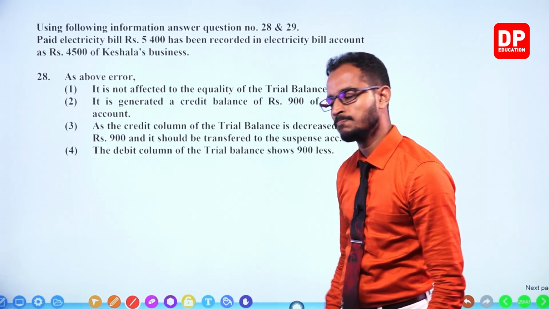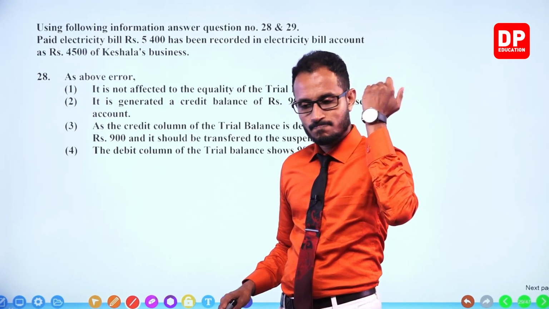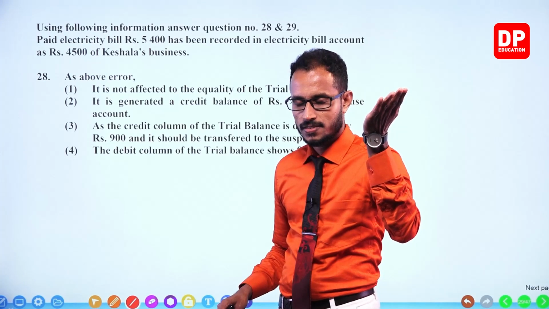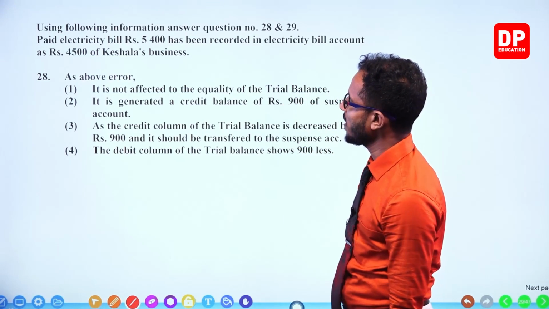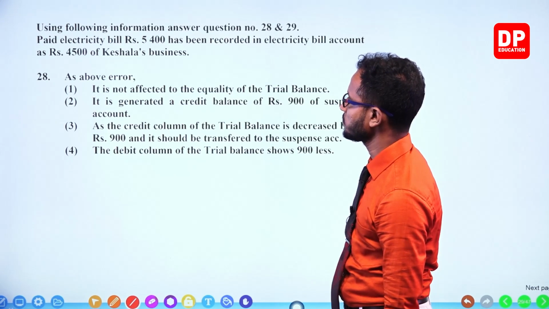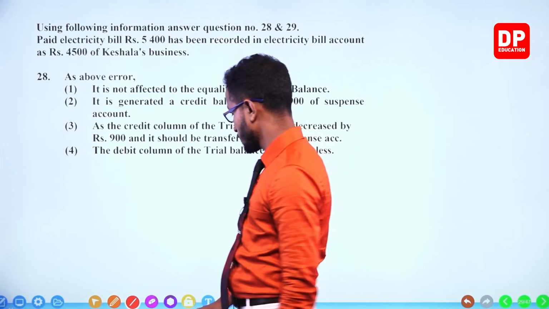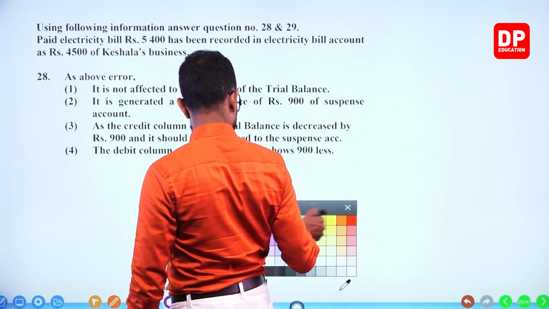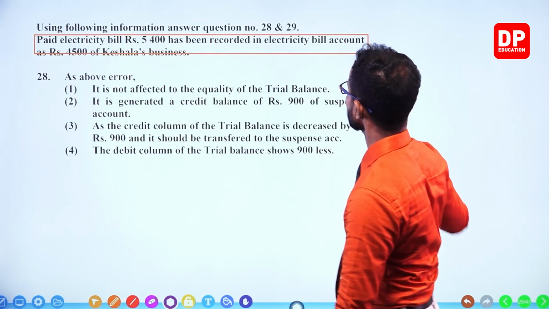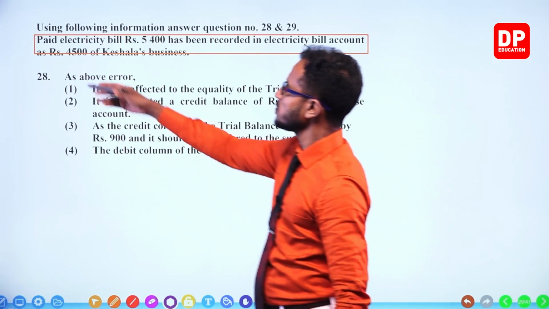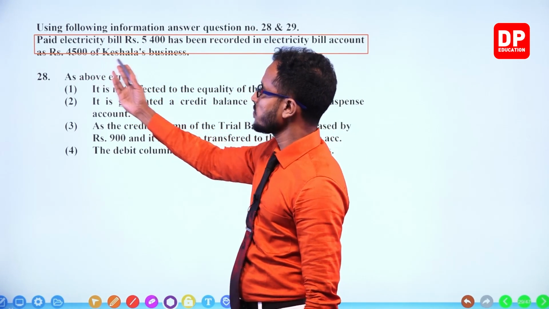Another case. I don't like cases. It takes time. Paid electricity bill for 5,400. This case. Paid electricity bill 5,400 has been recorded in the electricity bill account as 4,500.